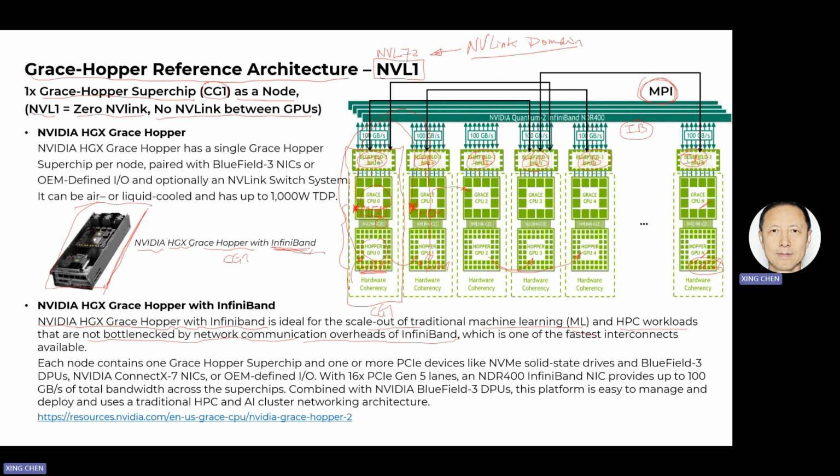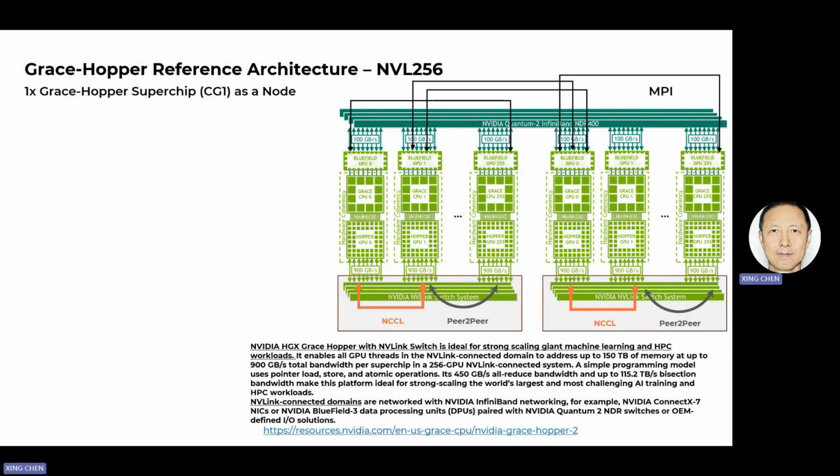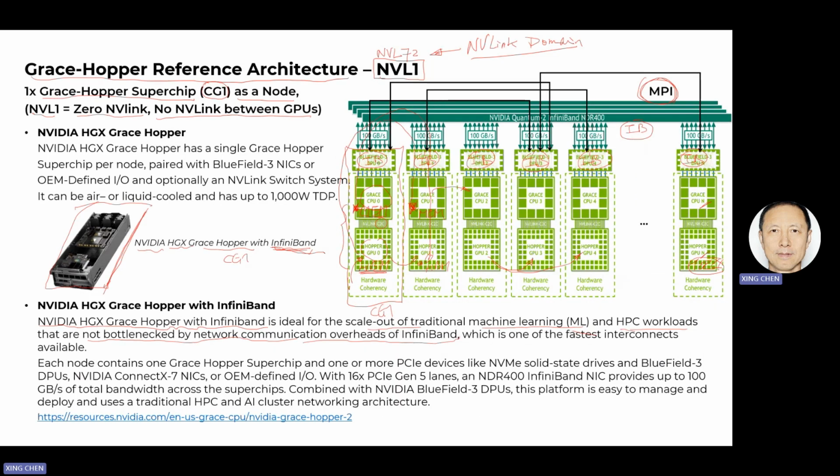Now we move to another extreme, which is NVL 256. Again, this is the Grace-Hopper reference architecture NVL 256. You have one Grace-Hopper superchip, called GH200. You have one GH200 as a node. This is the logical architecture, the same as the previous slide.